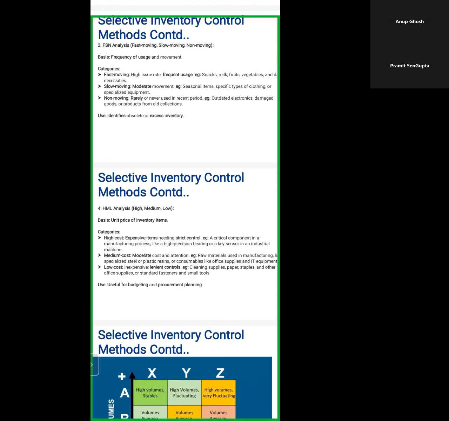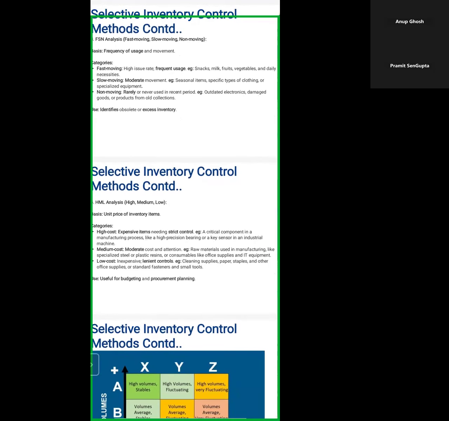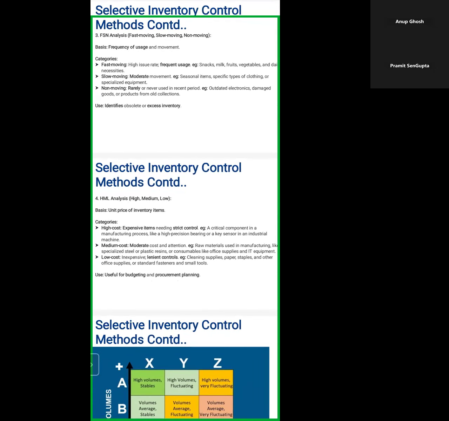Next comes medium cost, which needs moderate attention. Examples: raw materials used in manufacturing, especially steel or plastic designs, or consumables like office supplies and IT equipment. These are the areas of moderate cost control in the selective stock controlling method. The last category of HML will be the low cost category, which is inexpensive and requires lenient control.